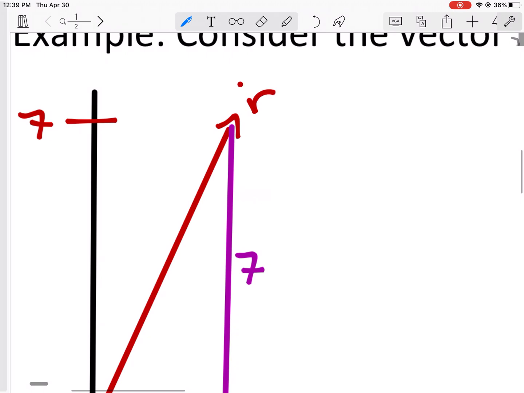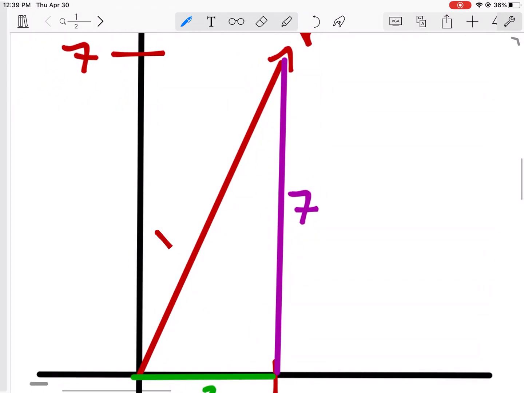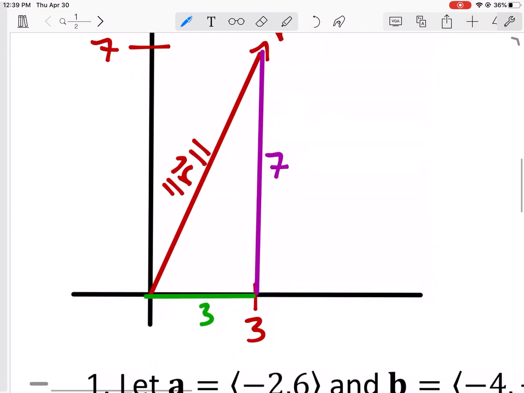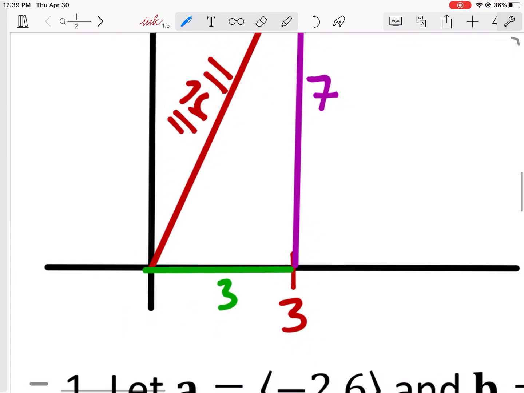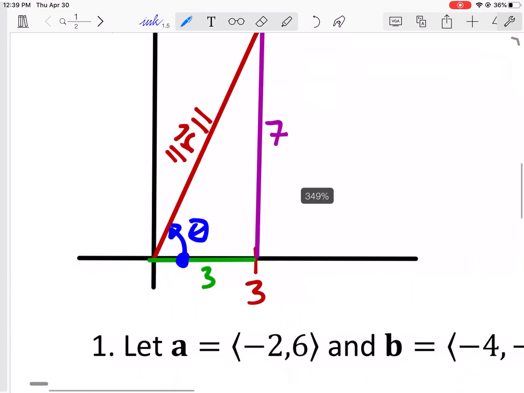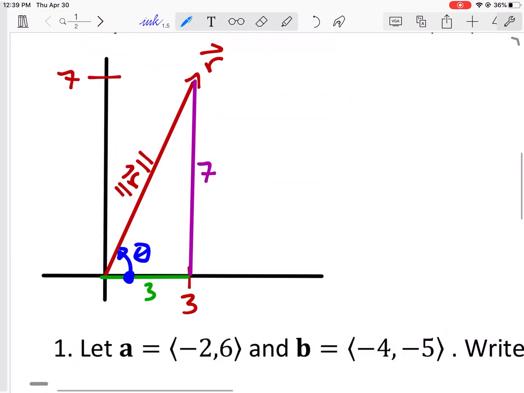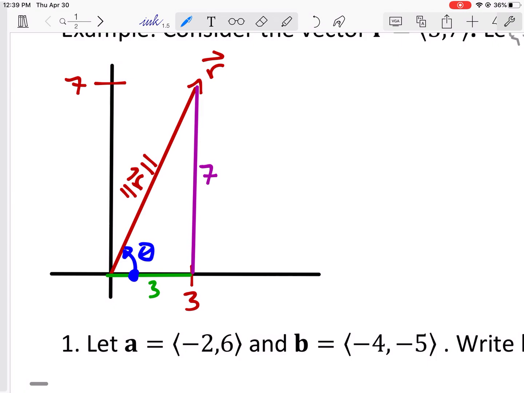This is our vector r. It has a magnitude, which is its length, and its direction is the angle formed by the positive x-axis and our vector. So we start at the positive x-axis and go to the vector. That's the angle we'll call theta.